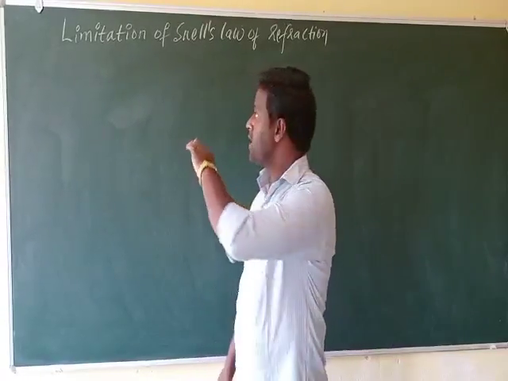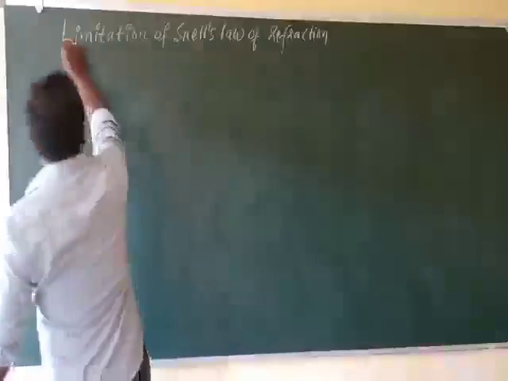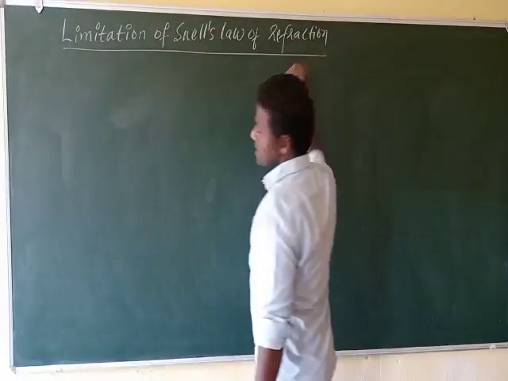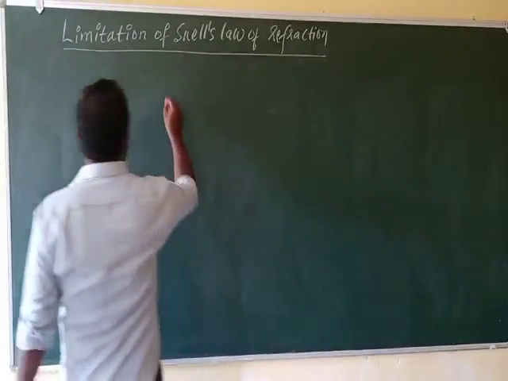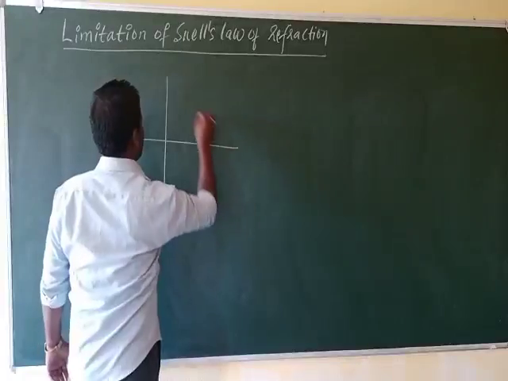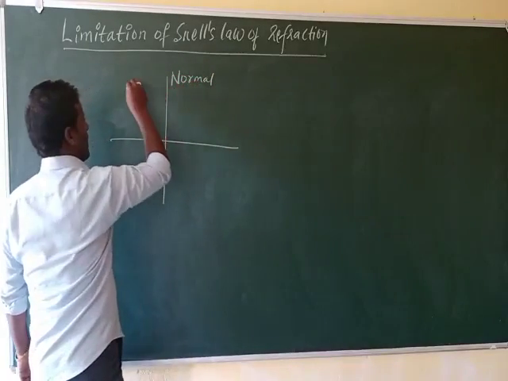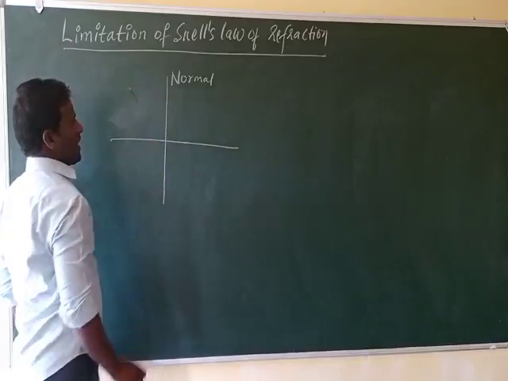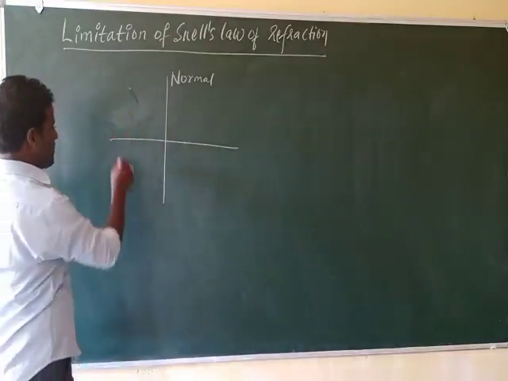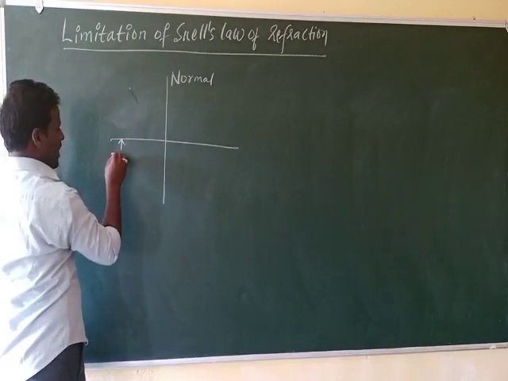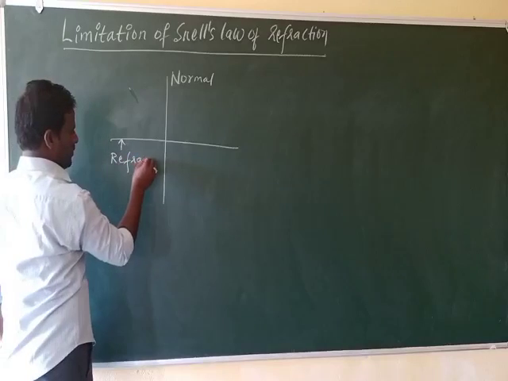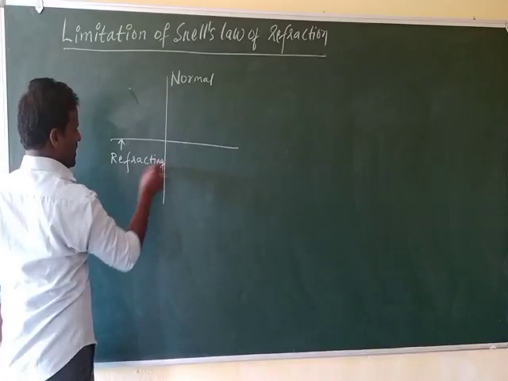It is also called Snell's law. So what is the limitation of Snell's law? Here see, this is the normal, and this is the, you see, if the ray of light is at the refracting surface, this is called the refracting surface.